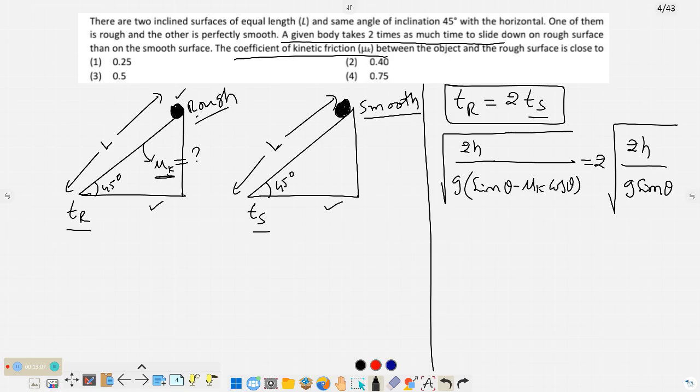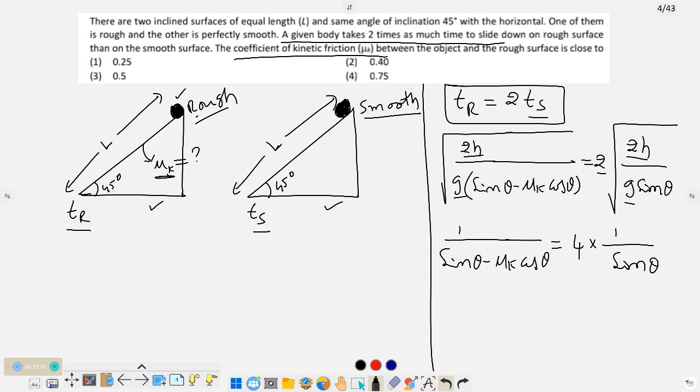So cancel the root on both sides, that means squaring on both sides. After that, the 2h on both sides we can cancel, g also we can cancel. After squaring and cancelling the terms, I can write directly 1 by (sine theta minus mu k cos theta) is equal to 2 squared, that becomes 4, by sine theta, that is 1 by sine theta.